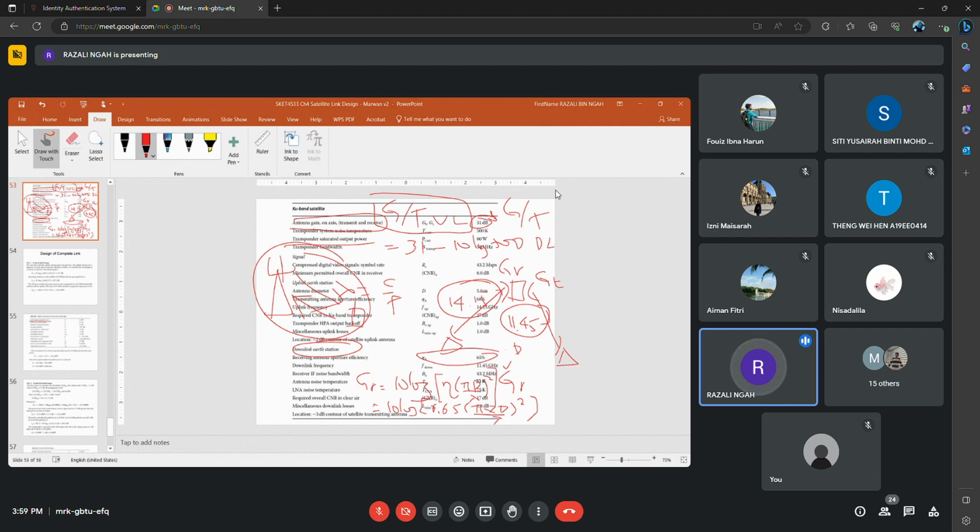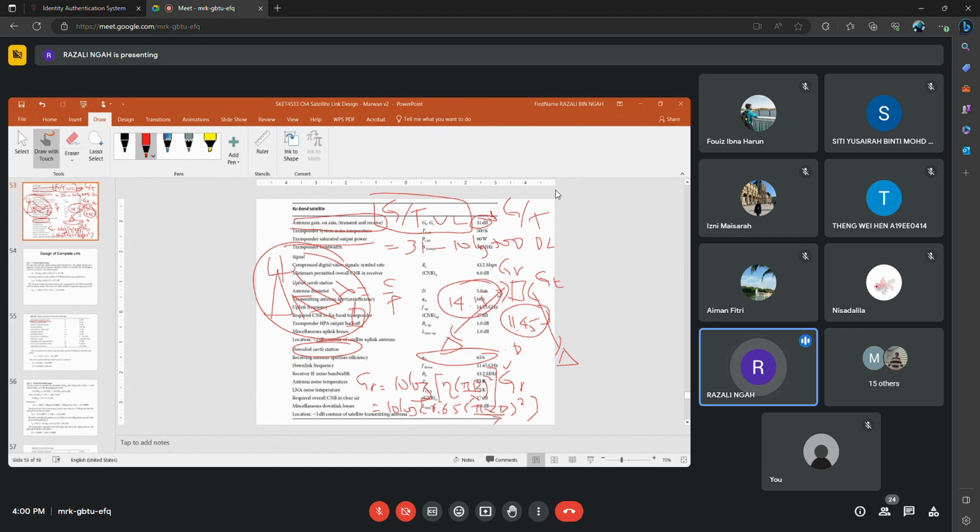But for satellite, we have different uplink and downlink CNR due to different frequency and maybe different gain of the earth station. So that's the difference between satellite communication and cellular.